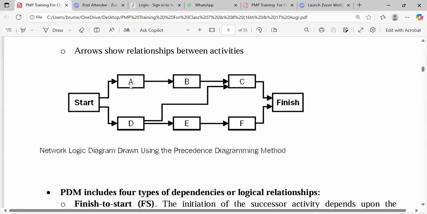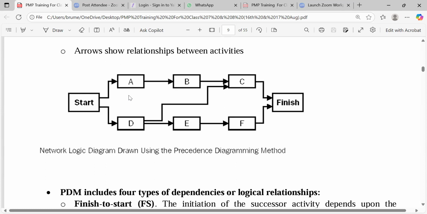Take A to be an activity of foundation work, if it is construction. At the same time that we are carrying out the digging of the foundation, maybe a procurement activity is ongoing. Can you see D? They are happening concurrently, right?